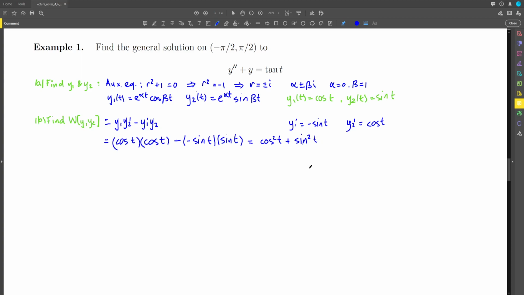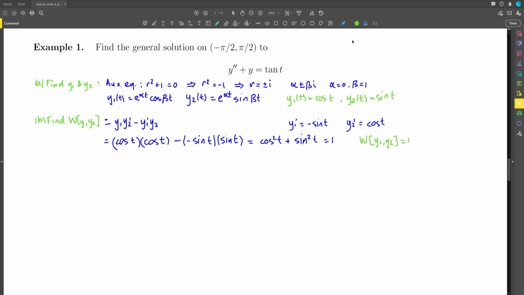And that's the fundamental identity for trigonometry. And so what we find here is that the Wronskian of y1 and y2 is equal to 1. That's a good thing that will simplify our work going forward.